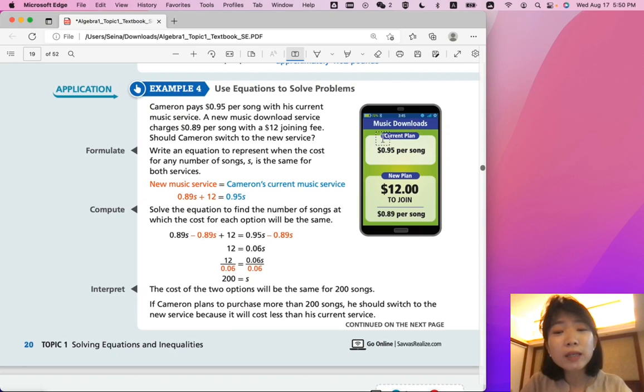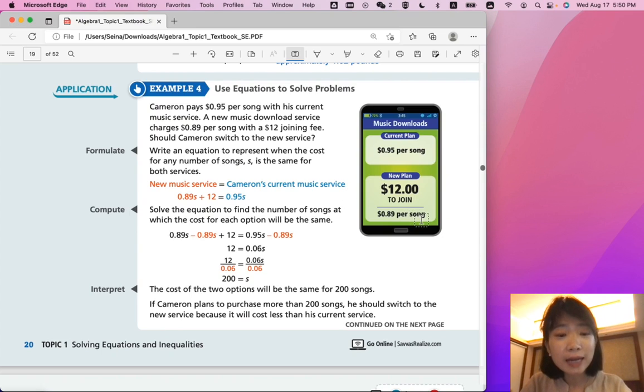So his current plan is $0.95 per song, but the new plan costs $12 to join, but it's going to be cheaper per song, $0.89 per song. So we're going to write an equation that represents the new music service cost and Cameron's current music service cost.